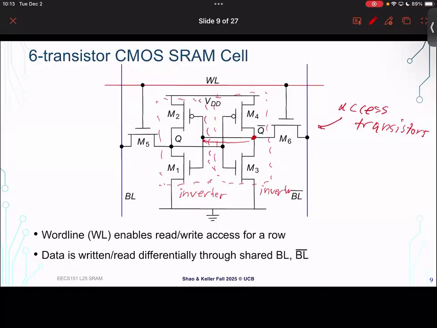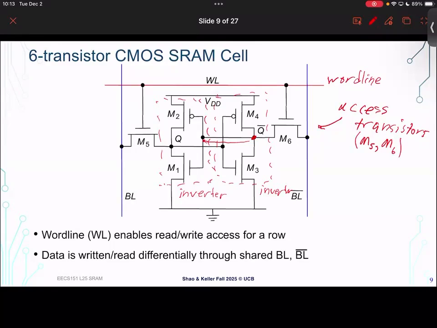Those are wired to the word line, or WL, which goes across the array to activate a whole word of bit cells at a time. So to be clear, M5 and M6 are the access transistors.